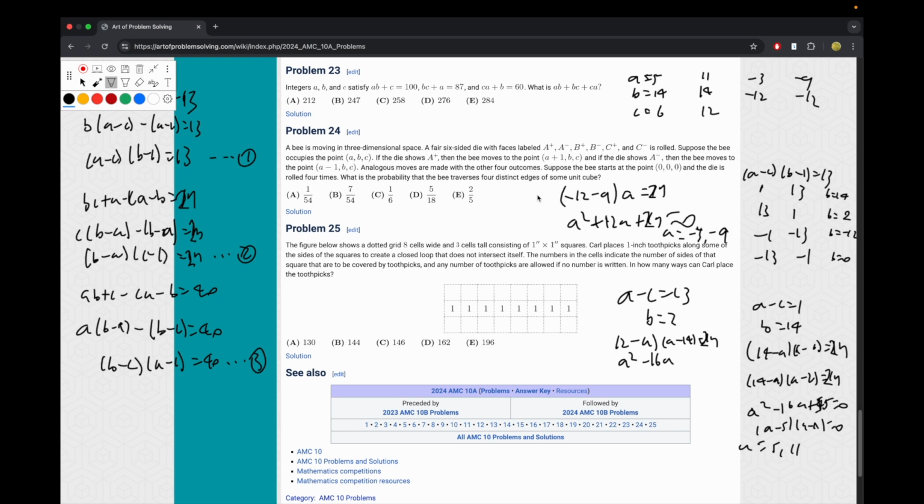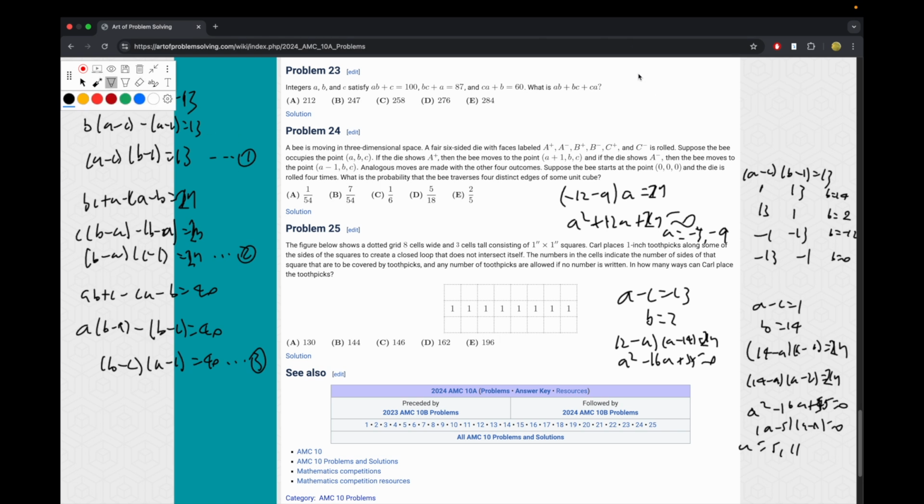Oh wait, it is 45. 28. Oh wait, sorry, 55. And this one is the same case, so it works too. I won't rewrite it. But it's quite strange that we get multiple values for it.